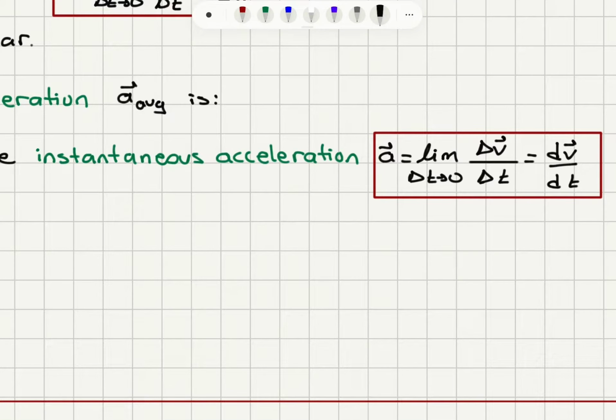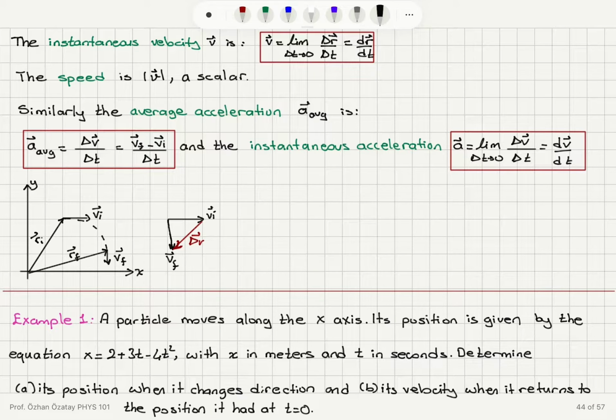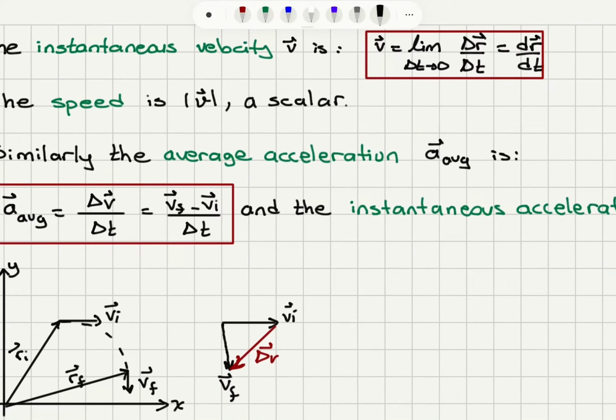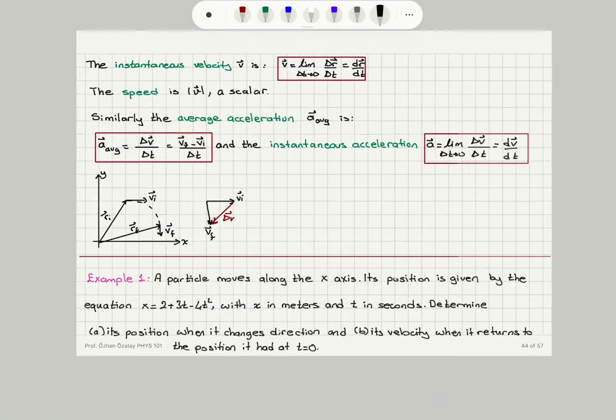As I said, everything is the same as in one-dimensional motion, but here we have to worry about x and y components separately in order to solve two-dimensional motion problems. And also we have the speed, that is the magnitude of the instantaneous velocity, defined this way.